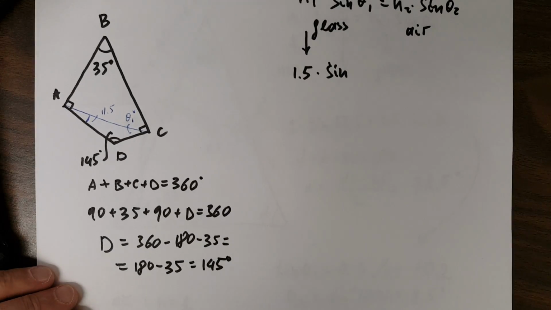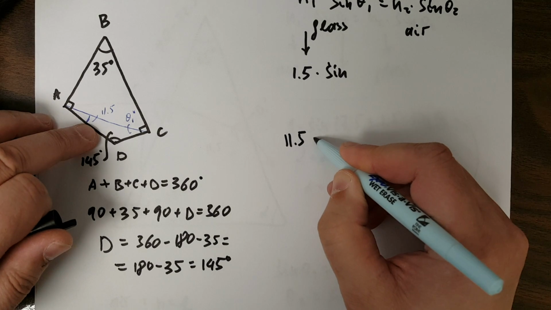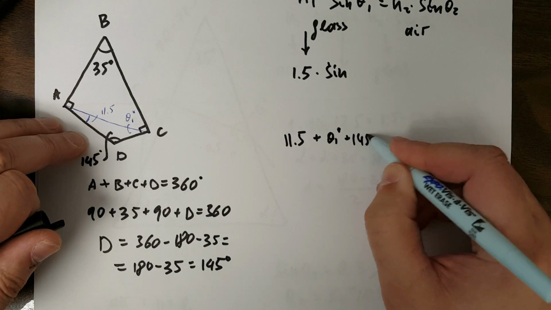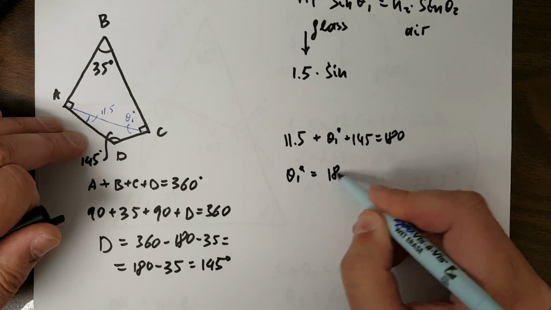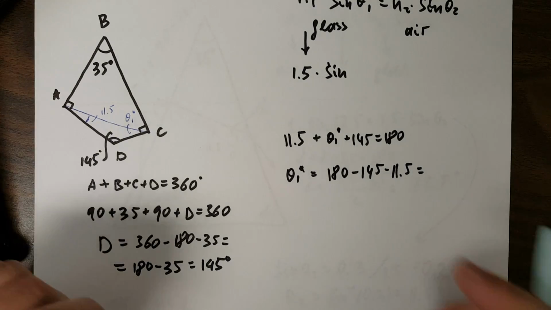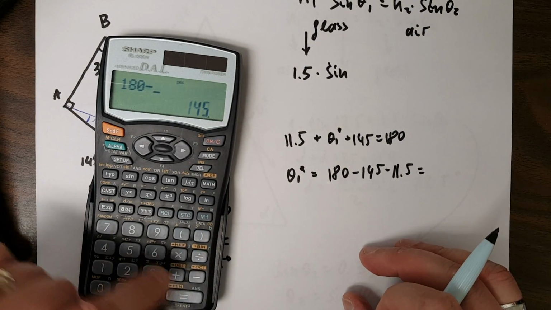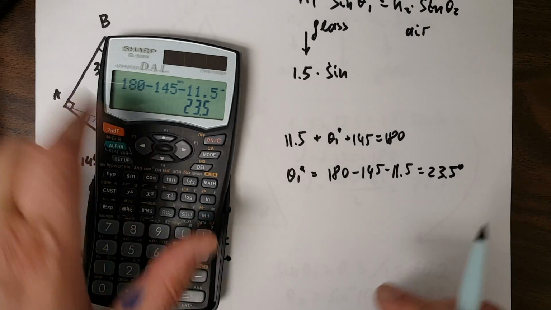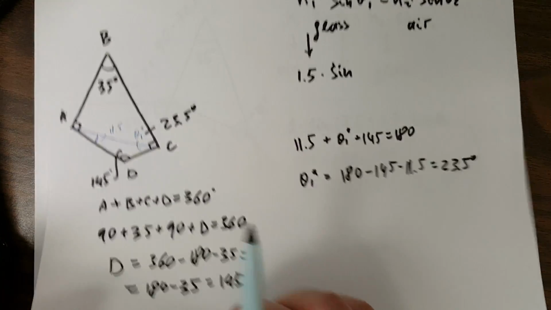So 11.5 plus theta 1 star plus 145 equals 180. Theta 1 star is equal to 180 minus 145 minus 11.5. So to save time, 180 minus 145 minus 11.5, 23.5 degrees.